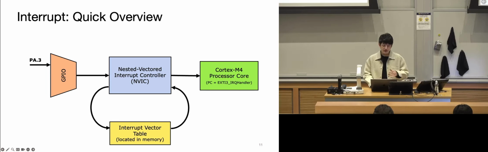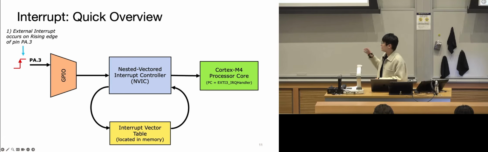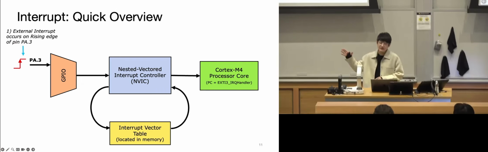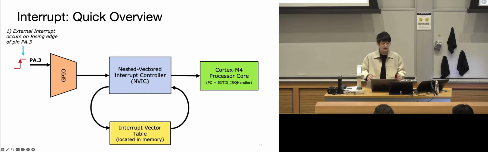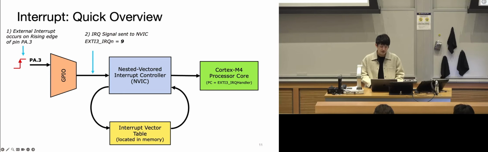Just to give you a quick overview of how everything happens: some type of external interrupt occurs, usually on the rising edge, and then that goes through a peripheral, in this case a GPIO pin, but all the peripherals have a designated interrupt index. That signal goes to the NVIC, corresponding to an index number. In this case, it happens to be 9.